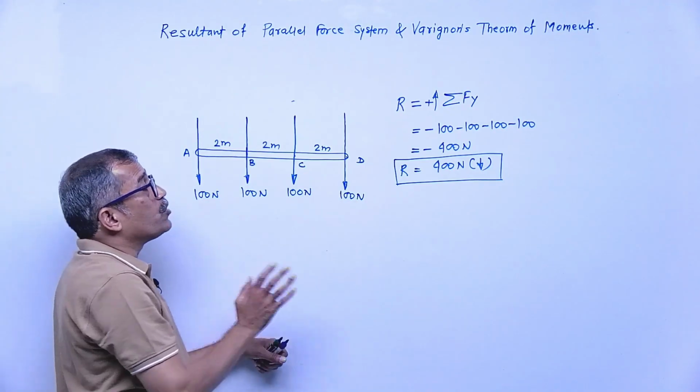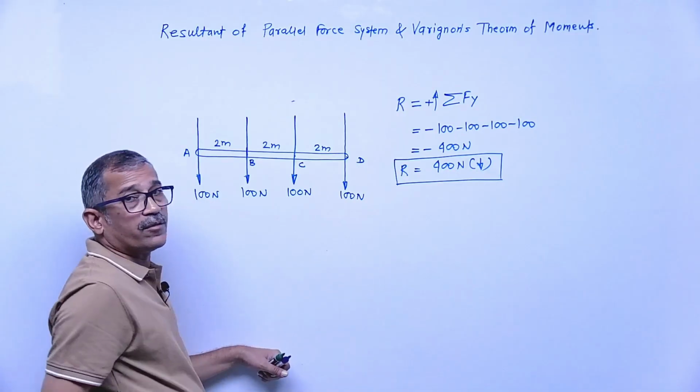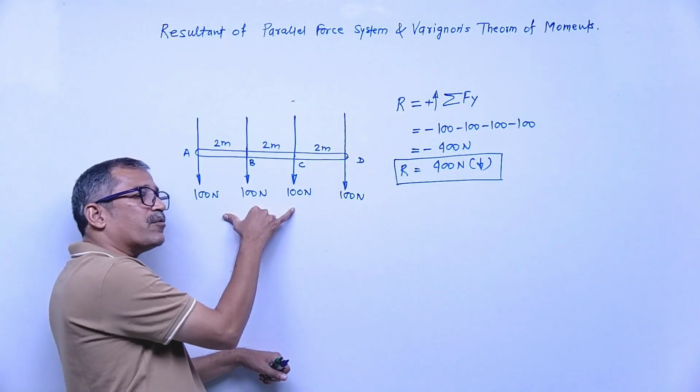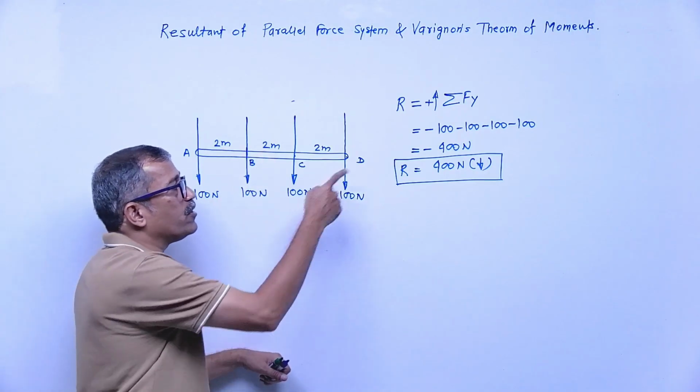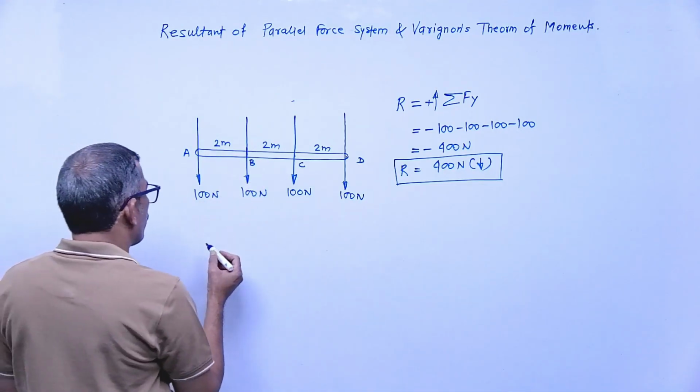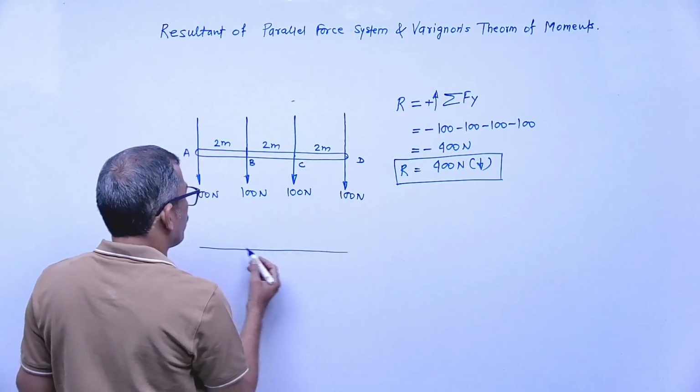But you know the effect of this 400 Newton and the effect of these 100 Newton forces on the body remains the same. Then only it is called the resultant.